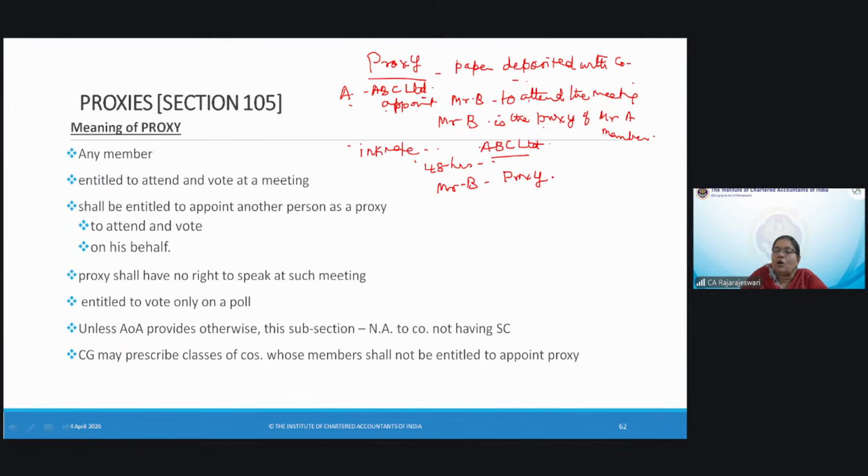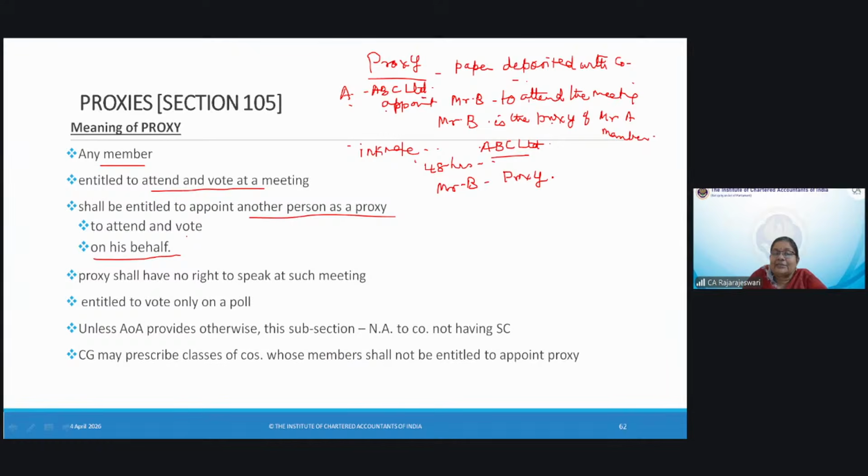The form is also called a proxy form, and the person is also called a proxy. So instead of one person, the other person attends. Any member entitled to attend and vote at a meeting shall be entitled to appoint another person as a proxy to attend and vote on his behalf.